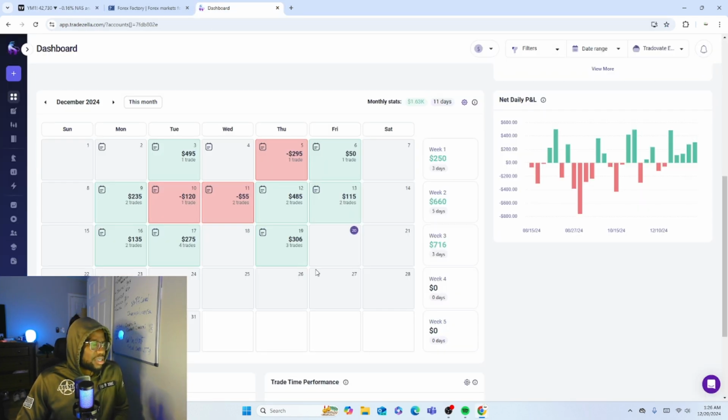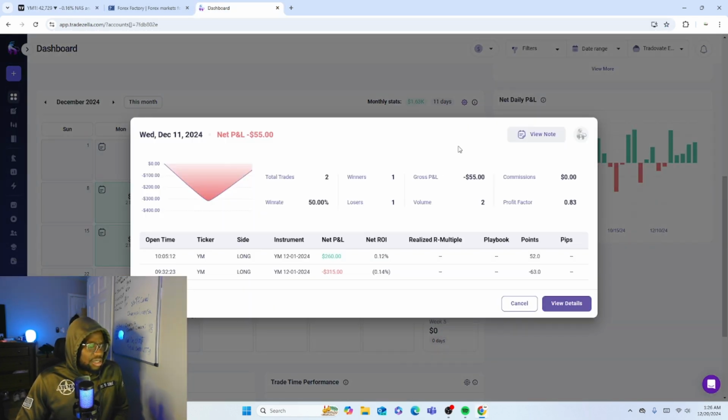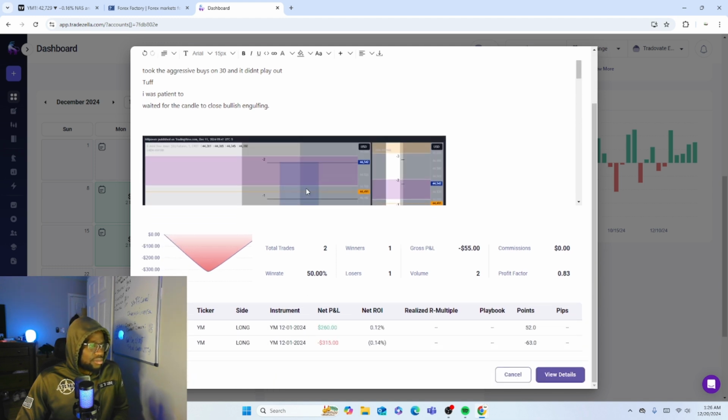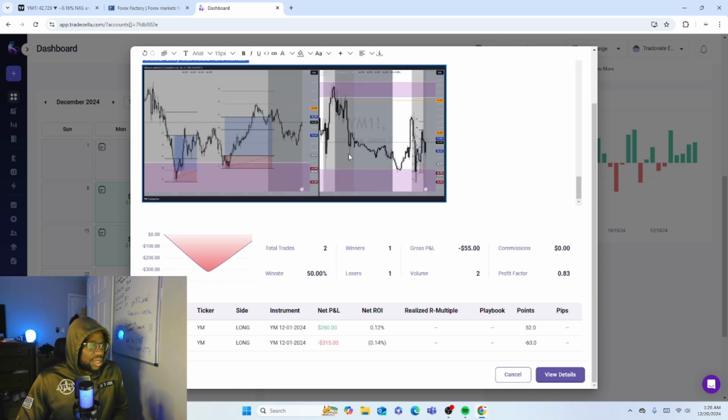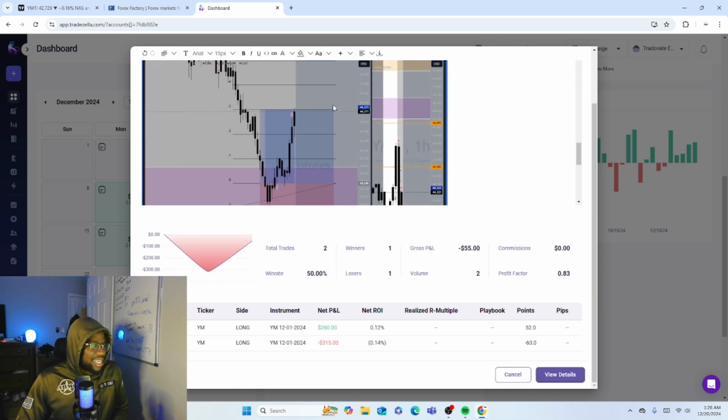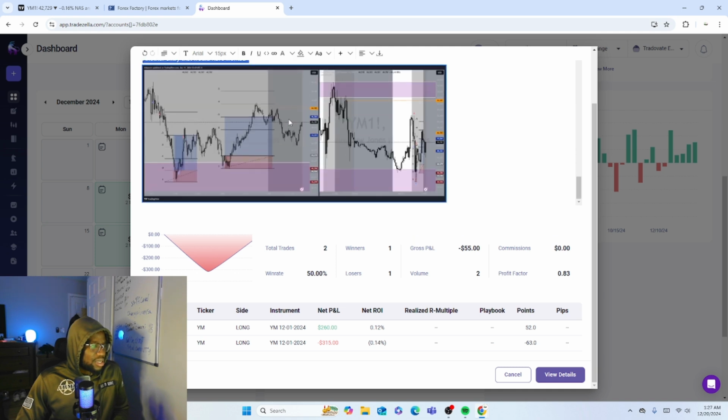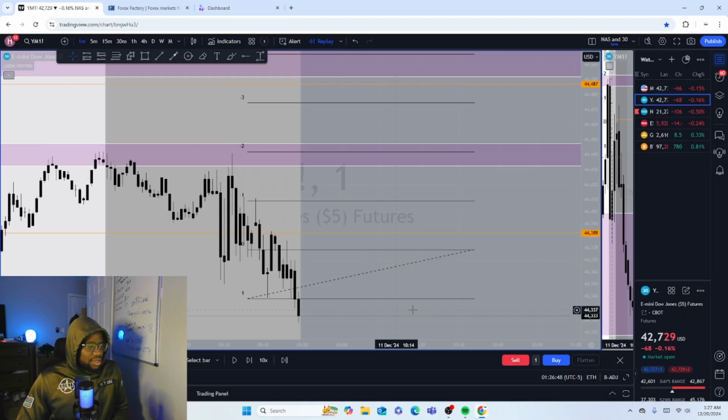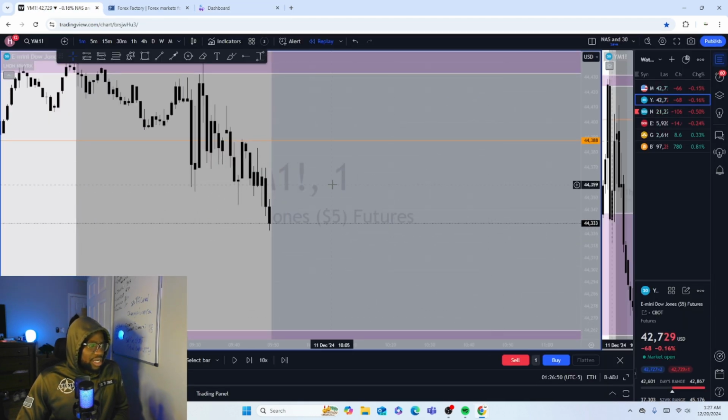What trade did I take? Since I took 2 trades, what trades did I take? So I took that one and it lost. Price went down a lot more, so I didn't take this original trade entry.